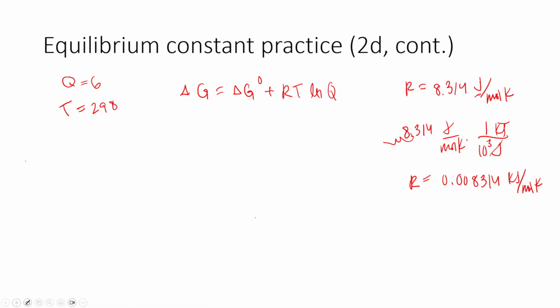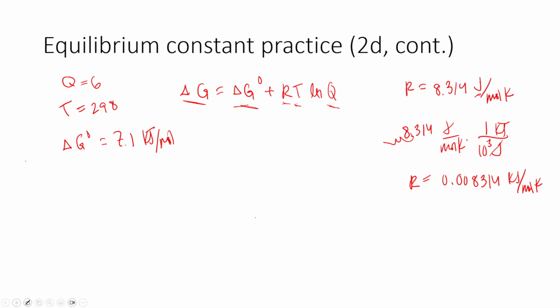And we're solving for delta G. So we have R, we have T, we have Q. Do we have delta G naught? Did we solve for that a couple slides ago? Does anybody remember what delta G naught is? Yes, great. So it's 7.1 kilojoules per mole. And we know that because we figured it out a few slides ago.